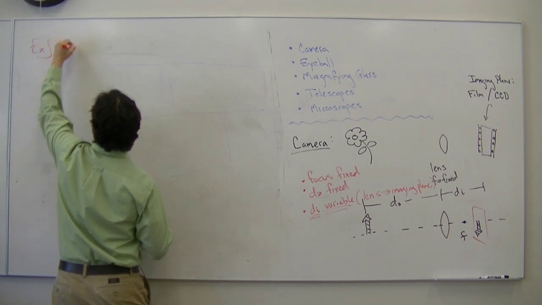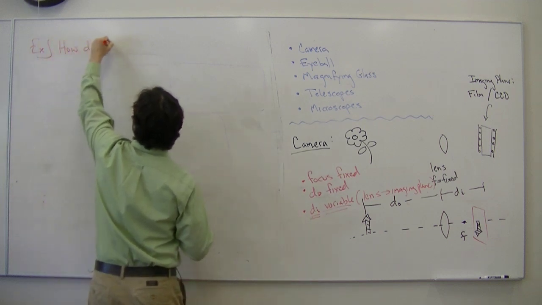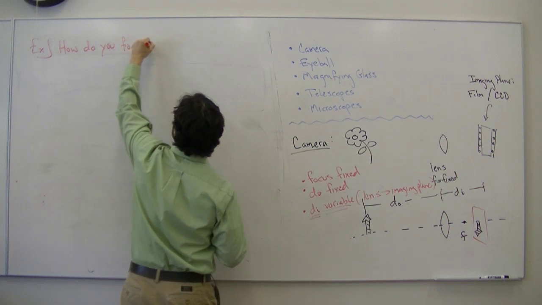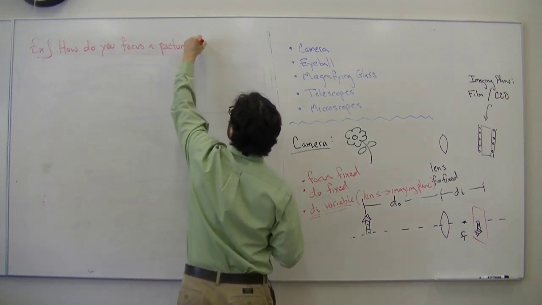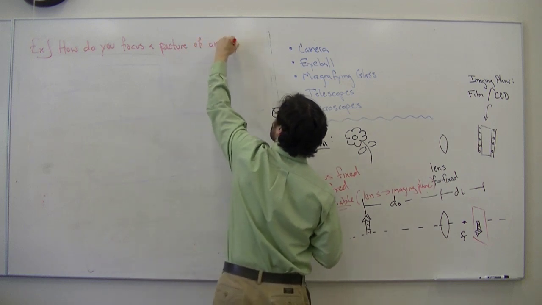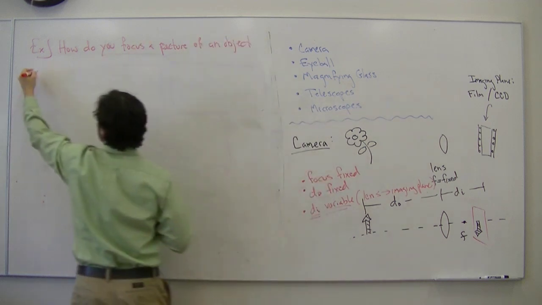how do you focus a picture of an object, and we'll just say it's 2 meters away.